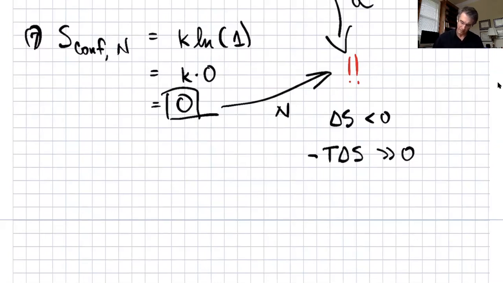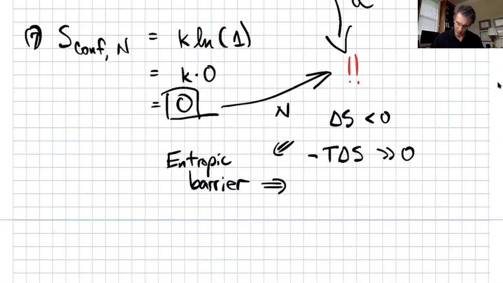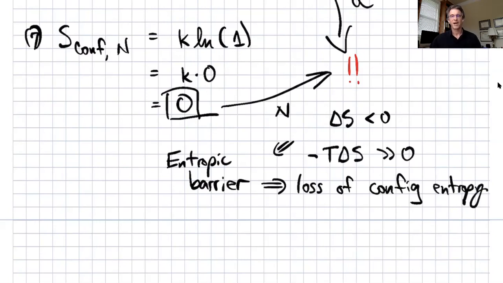So that is this entropic barrier to folding, which is all wrapped up in the loss of configurational entropy of the polypeptide chain.